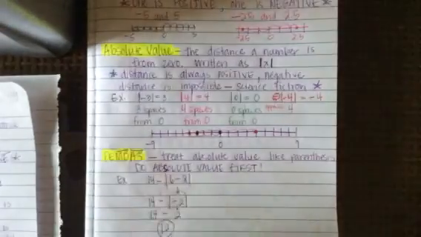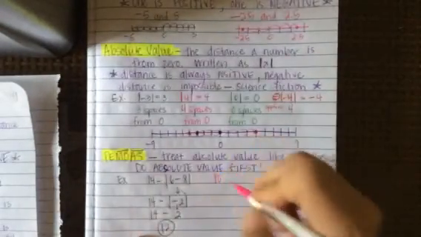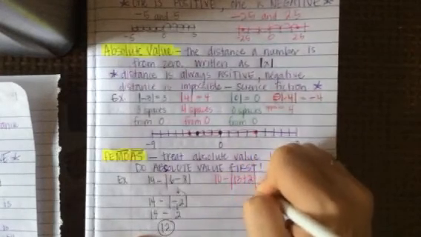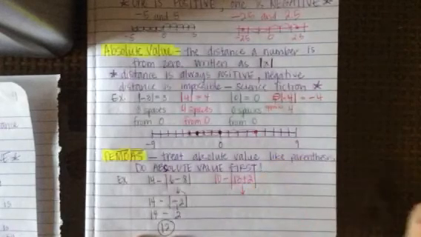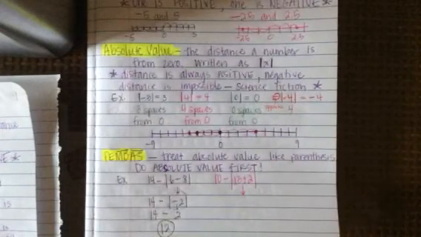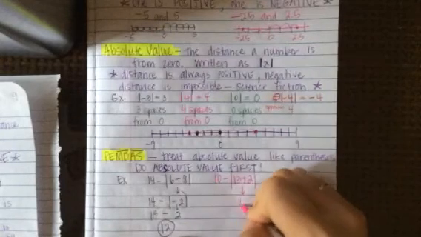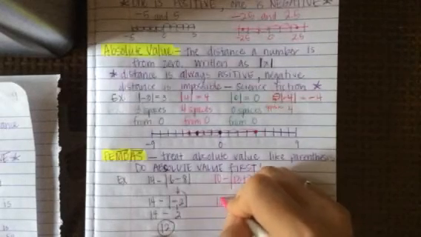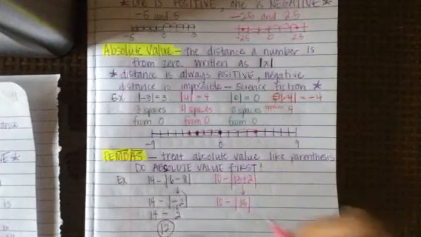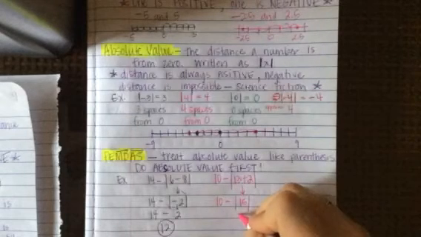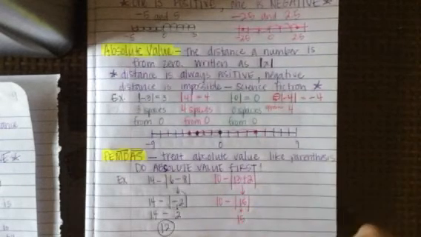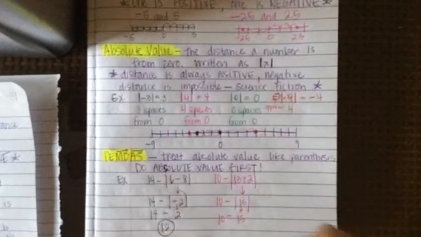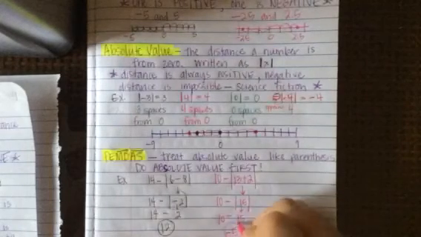If I did another one, if I had 10 minus the absolute value of 13 plus 2, I do inside my grouping symbols, so my absolute value, 13 plus 2 is 15. Write down the rest of the problem. The absolute value of 15 is 15, because 15 is 15 spaces from 0. And 10 minus 15 is -5.